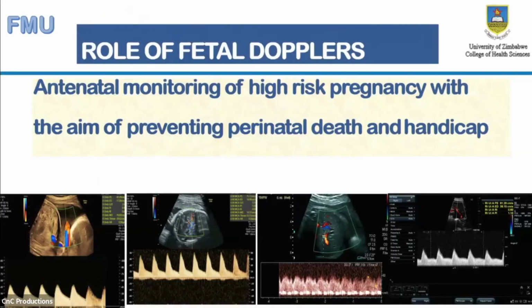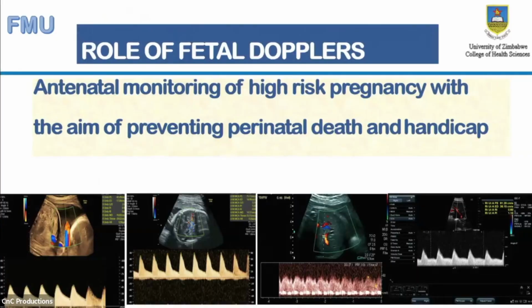All right, so I'm slightly changing gears, moving on to the Dopplers. So Dopplers, you know, a modern scan machine or a modern person who does scans, whether they are a midwife, a registrar, or whoever, with a scan machine which doesn't have Dopplers, I think it's something which is not recommended for standard obstetric scanning and management of pregnancies.